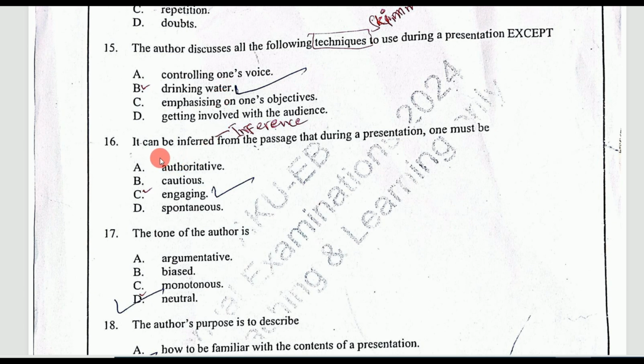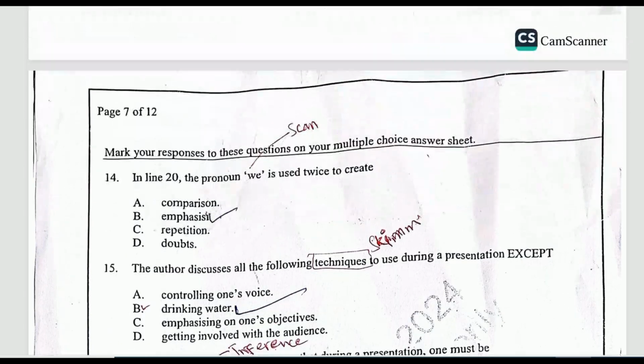The next question is based on inference from the passage: during a presentation one must be authoritative, conscious, engaging, or spontaneous. After skimming the text, we get an idea that throughout the passage the author is emphasizing engagement, engaging your audience.